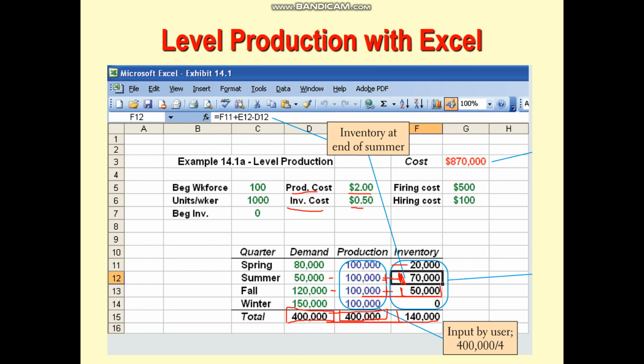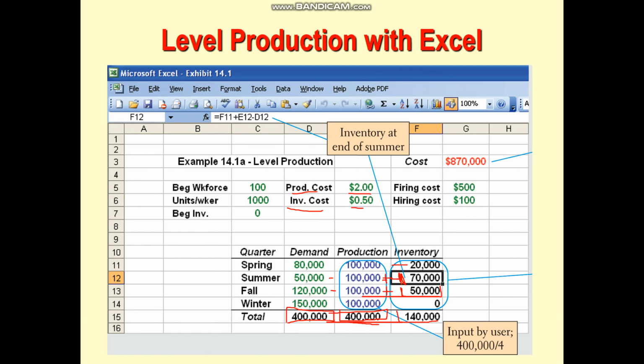So the total cost will be E15, the total production quantity, multiplied by the production cost, that is E5, plus F15, the total inventory quantity, multiplied by the inventory cost, that is E6.